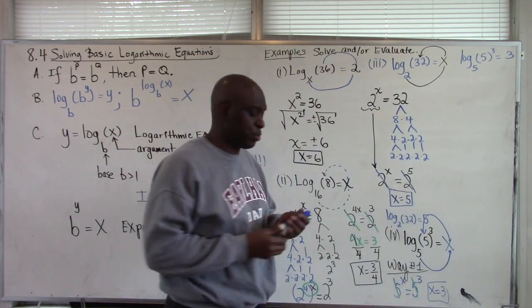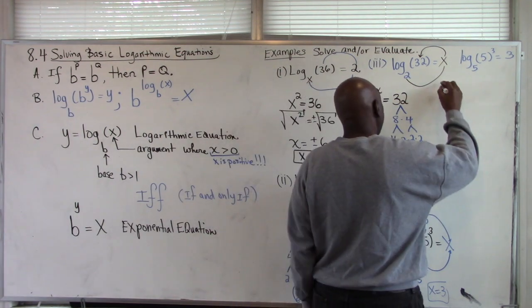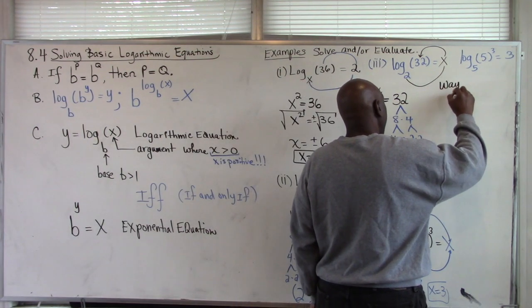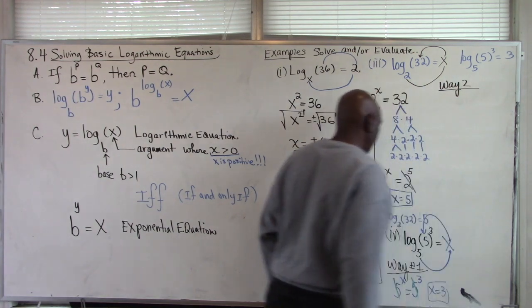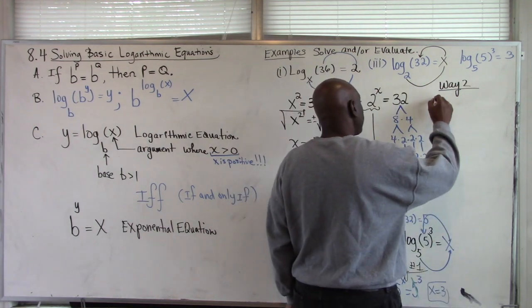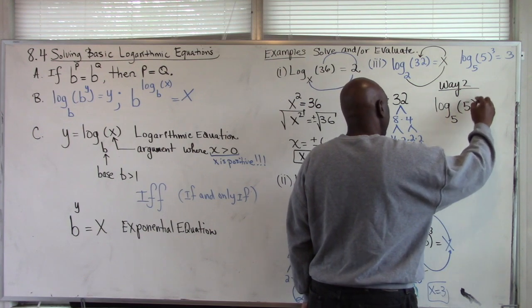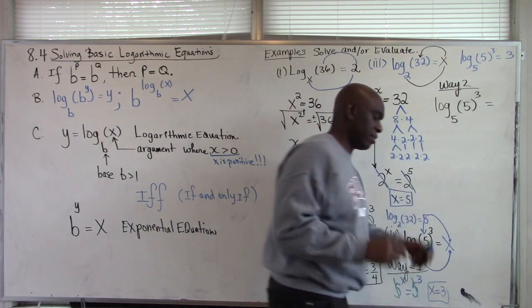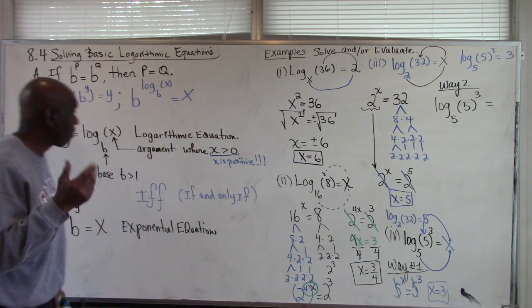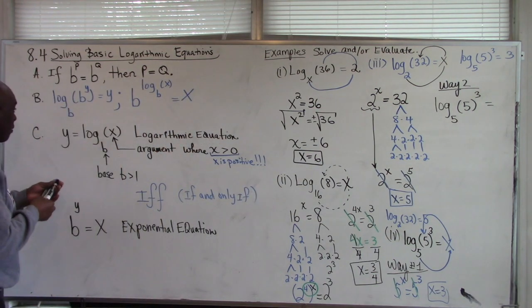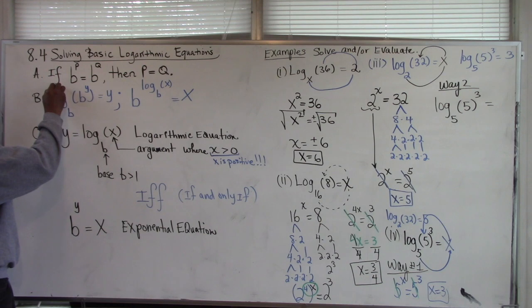There's a way 2 to do this one as well. Way 2. All right, if I have log base 5 of 5 cubed, watch this. Come back over here and look at this fella right here. Look at this rule.